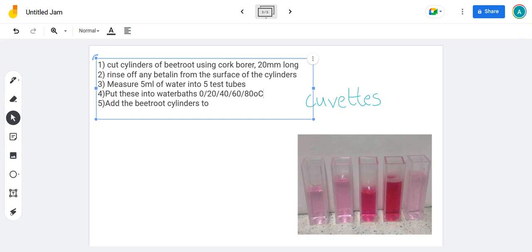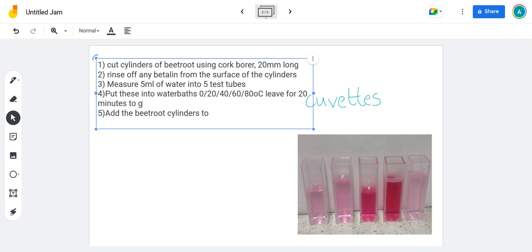We should leave for, let's say, it doesn't matter, but use numbers where you can, 20 minutes to get to the right temperature. Because obviously straight away when you put it in, it's not at the right temperature. So then I'm going to add the beetroot cylinders to the water. I'm going to try and add the beetroot cylinders to the 5 tubes at the same time, if we can. Okay, so beetroot cylinders to the test tubes at the same time.